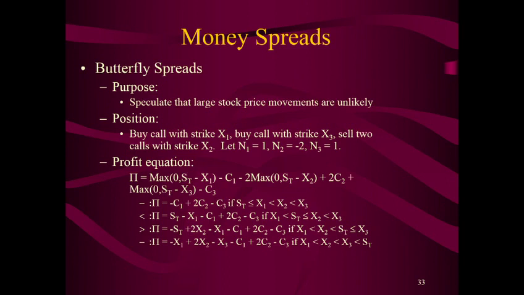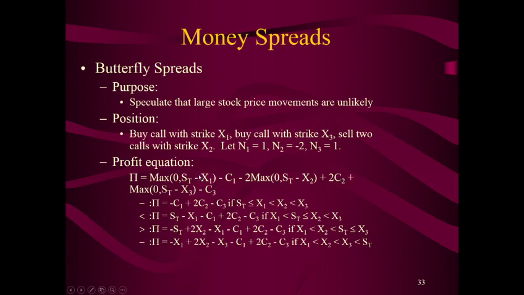Okay, so it's taken by going long a call at strike X1, long another call at strike X3, and short two calls with strike X2. Okay, so now that you have how many strike prices? 1, 2, 3, right? You have 3 strike prices, you're going to have 4 profit equation. Okay, but the basic equation is always the same, the payoff of your calls.